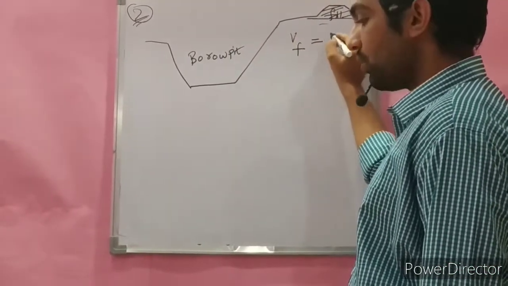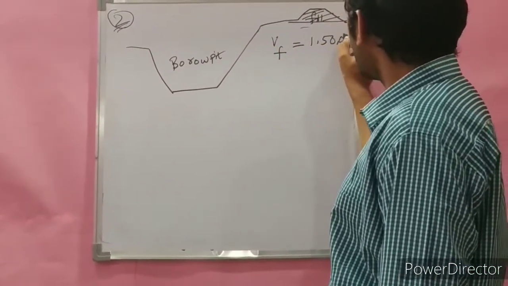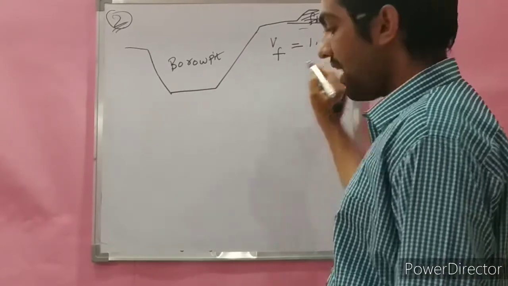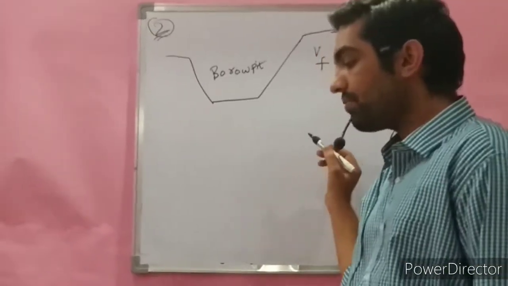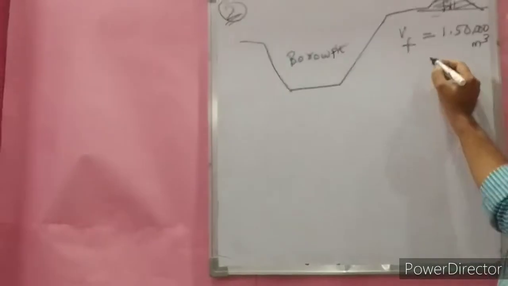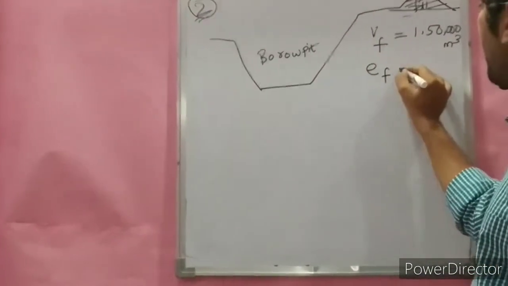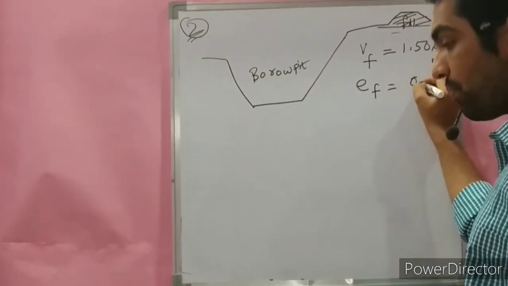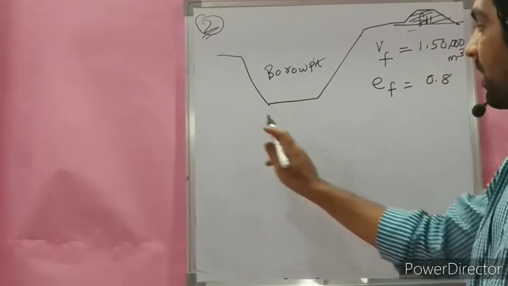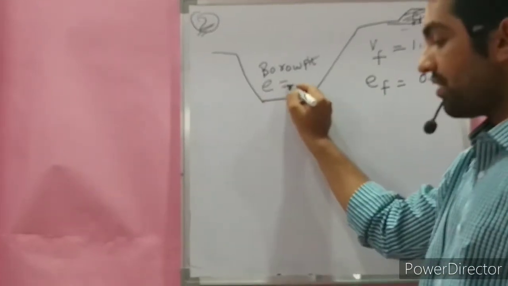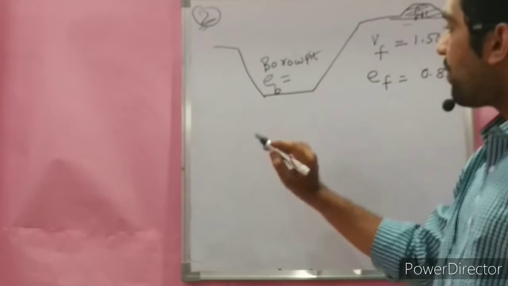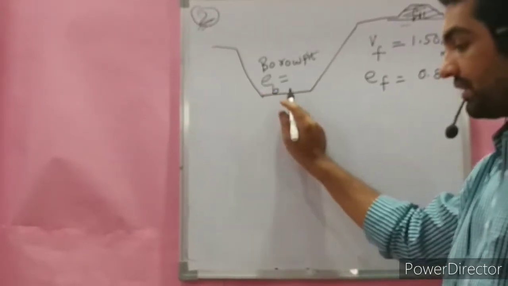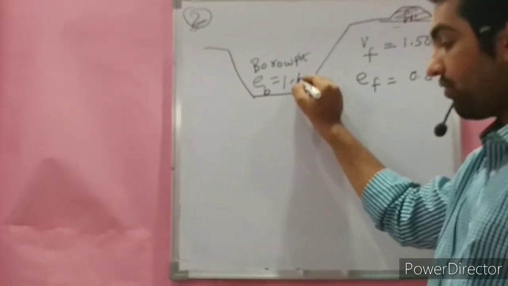V fill is equal to 1,50,000 meter cube. A fill having volume 1,50,000 cubic meter is to be constructed at a void ratio of e of fill equal to 0.8. The borrow pit soil has a void ratio, let us denote borrow pit by e suffix B, of 1.4.